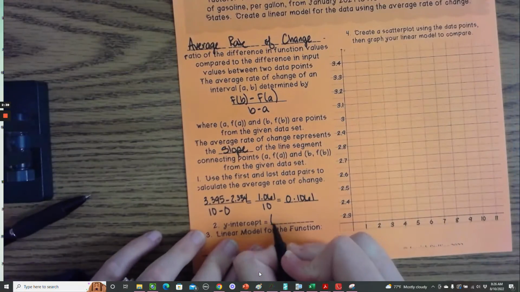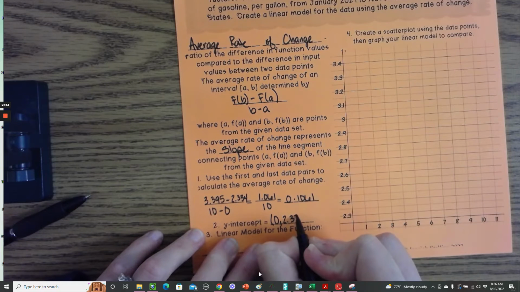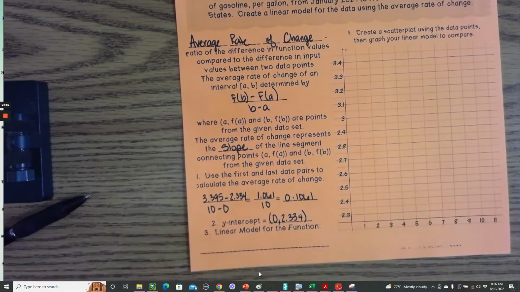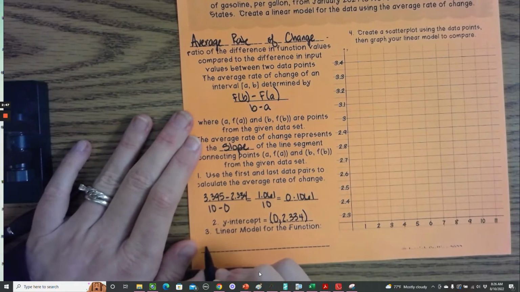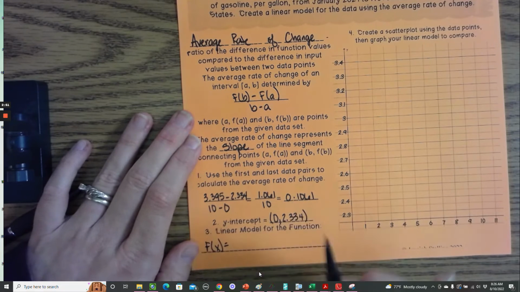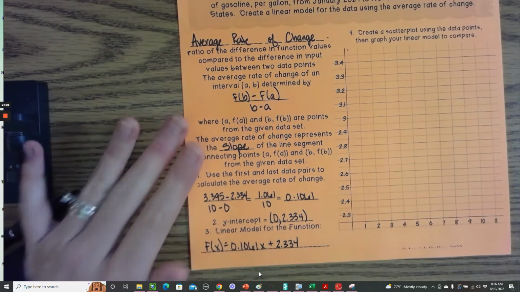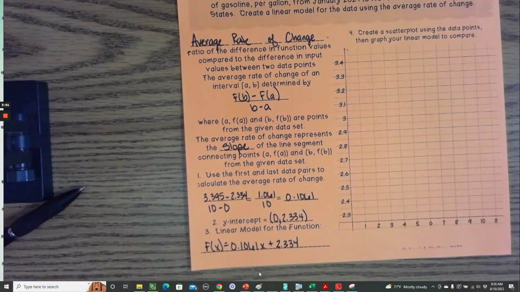So my y-intercept here would be 0, 2.334. And so the linear model would be f of x equals 0.1061 x plus my y-intercept, 2.334. And that's just an approximation of that data, okay?